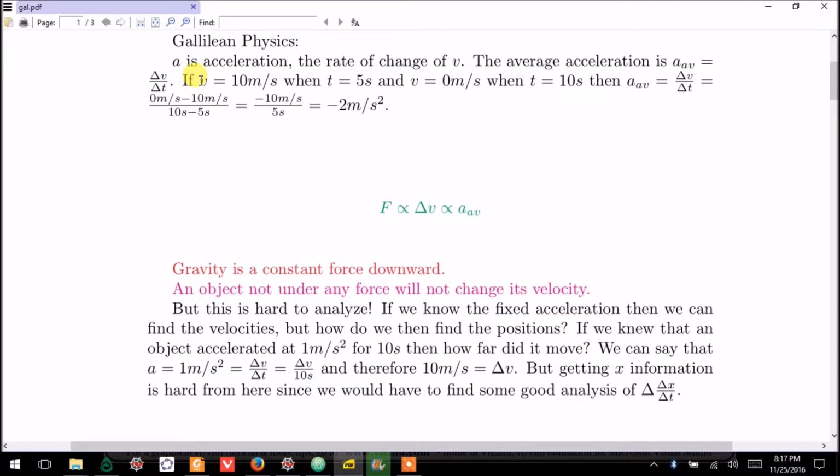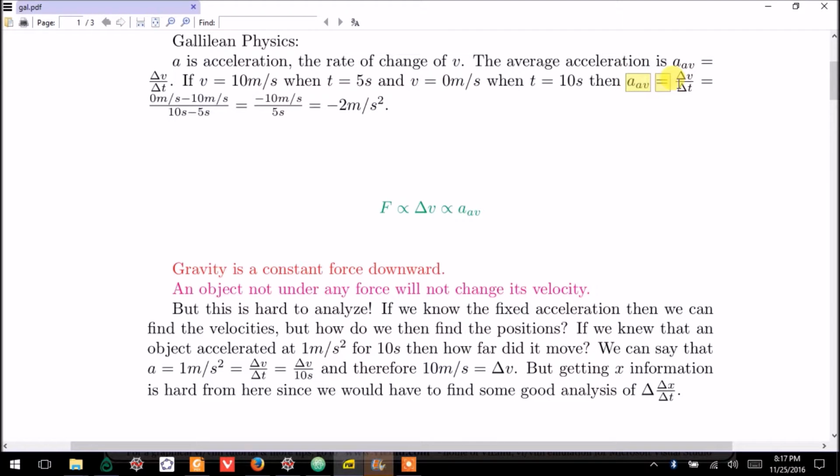So for an example, suppose that we start our stopwatch at 5 seconds for whatever reason, just to give a little variety to our examples. And at that time, the velocity of an object is 10 meters per second. Now, 5 seconds later, which is to say when the stopwatch shows 10 seconds, the velocity of the object is 0 meters per second.